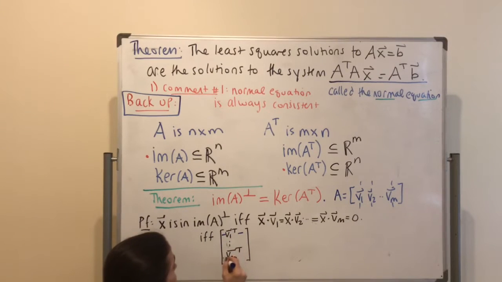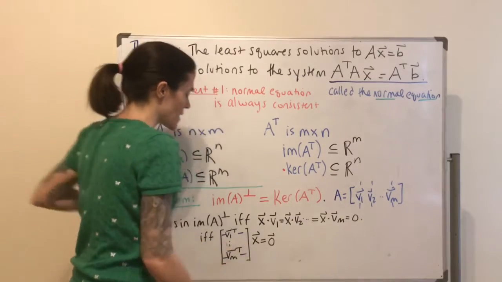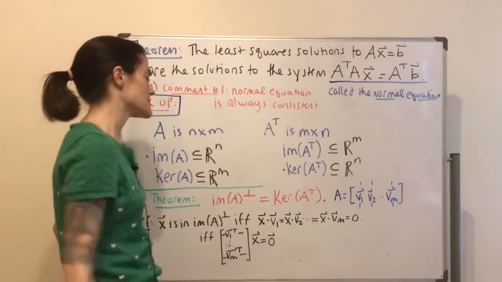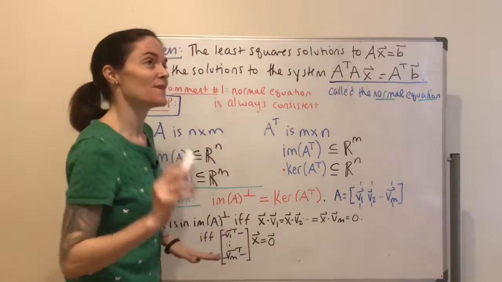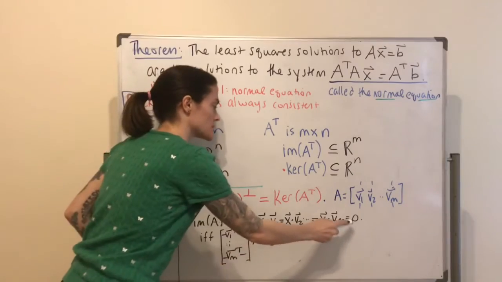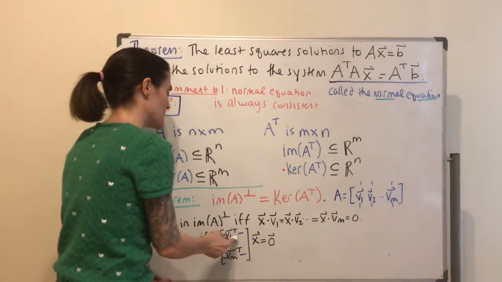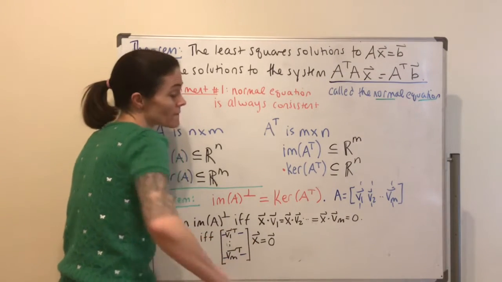Row, row, this times x equals the 0 vector, because what is this times this? Well, you take row dot x, row dot x, row dot x. So these dot products are all 0 if and only if this matrix times x is the 0 vector.